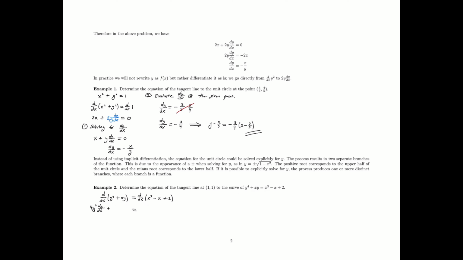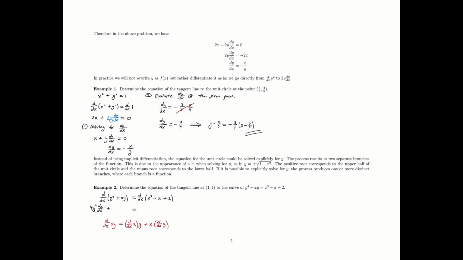Plus, now we have a product rule here. For d/dx of xy, I'm going to write this out in a very lengthy way just so we can see what's going on. I'm going to take the derivative of the first times the second left alone, plus the first times the derivative of the second.